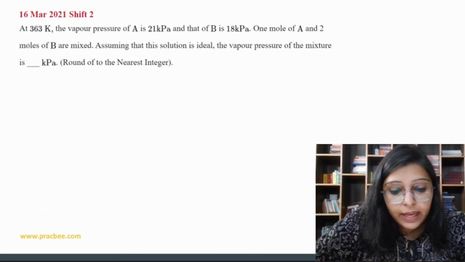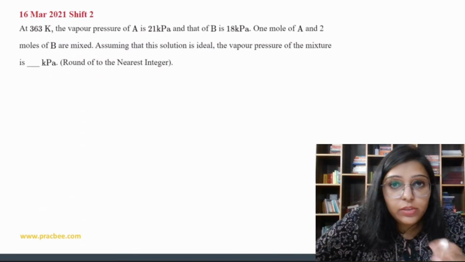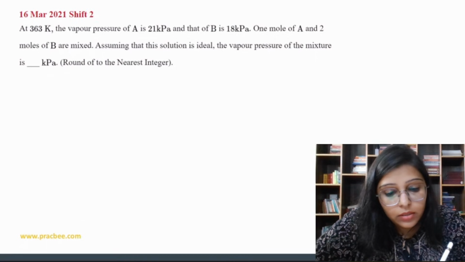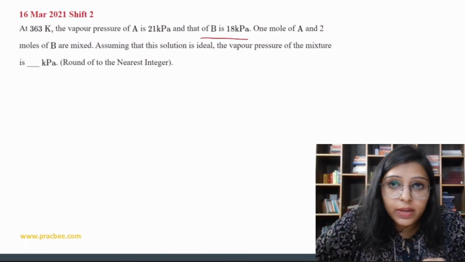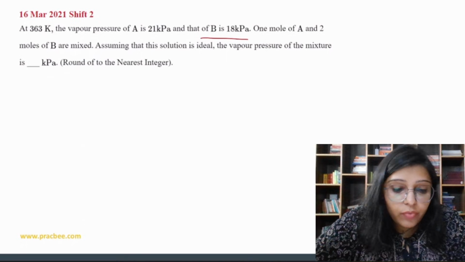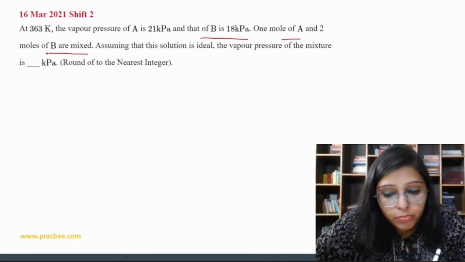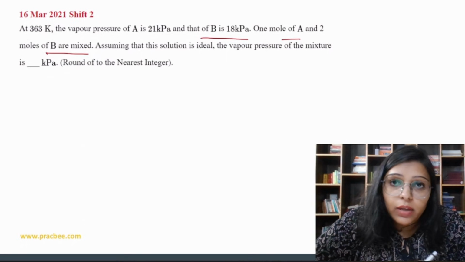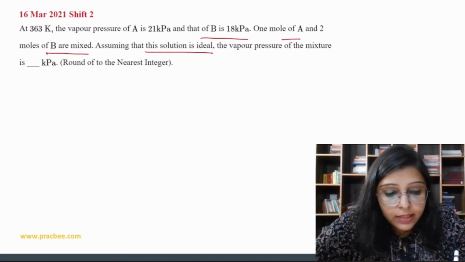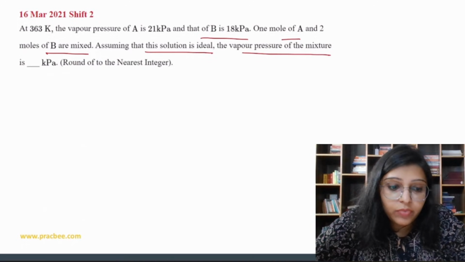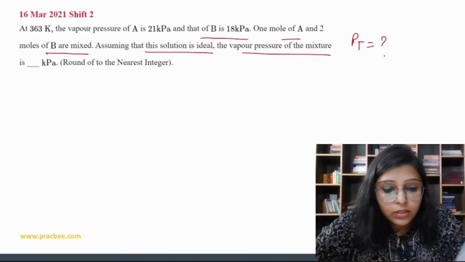At 363 Kelvin, the vapor pressure of A is 21 kilopascal and that of B is 18 kilopascal. 1 mole of A and 2 moles of B are mixed. Assuming that the solution is ideal, the vapor pressure of the mixture is? So we have to find out PT.